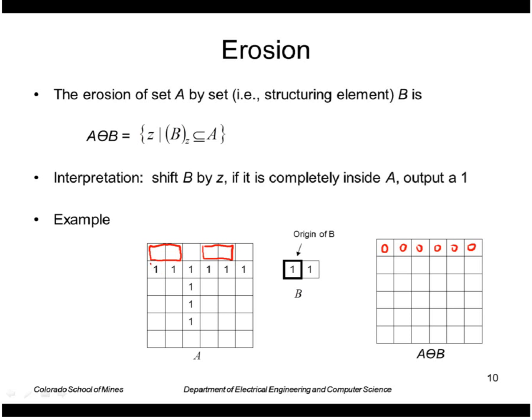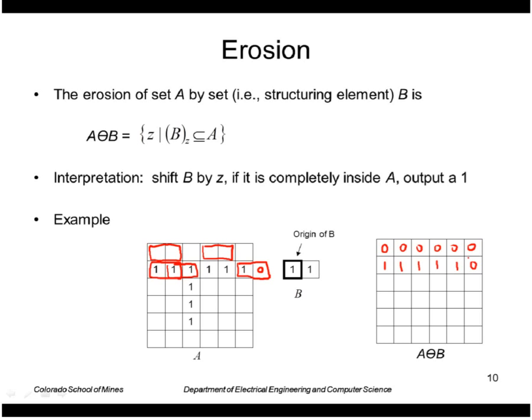When I put B here on the second row, now that location is completely inside A, so I output a 1. And similarly, every other place along this row is also completely inside A, with the exception, I guess, of the last position where it goes outside the set A. So if I assume there's a 0 there, then that would be a 0 output.